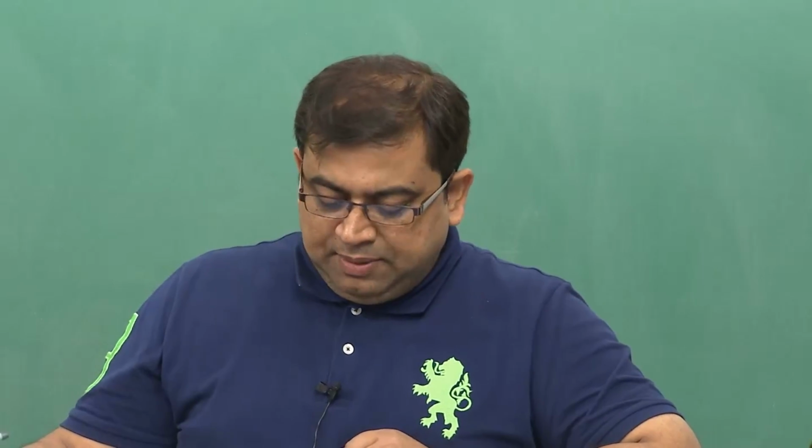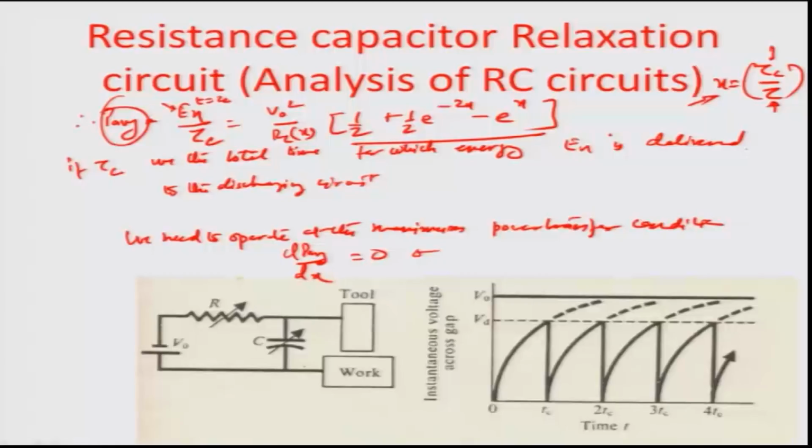In the interest of time, we are going to close this particular module, but the whole idea here is the charging cycle, as you can see here. So, the charging happens over different times, and this is actually the discharging. Okay. So, as soon as the voltage of the capacitor goes to the discharge voltage across the gap, there is going to be a discharge.